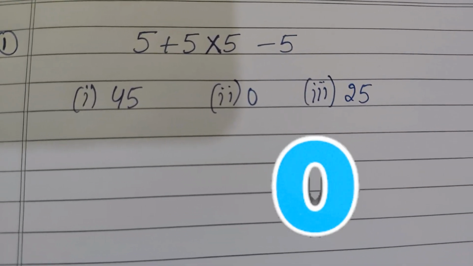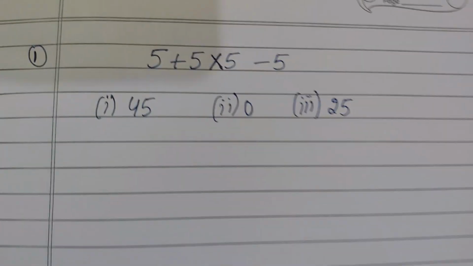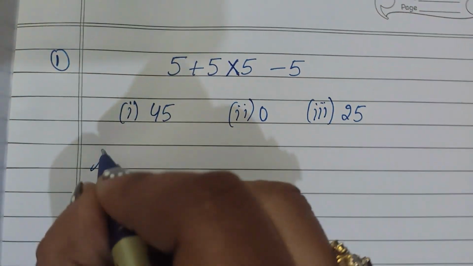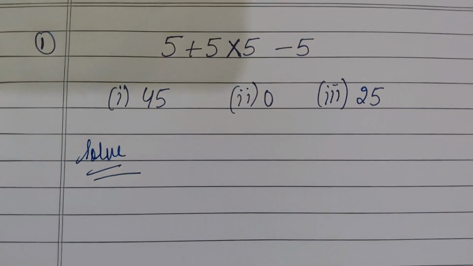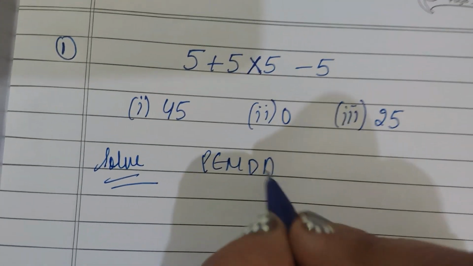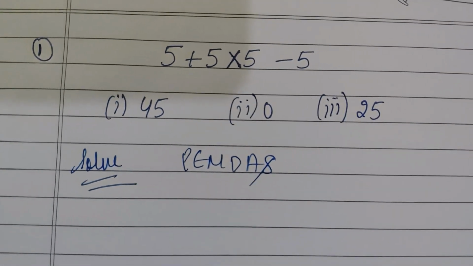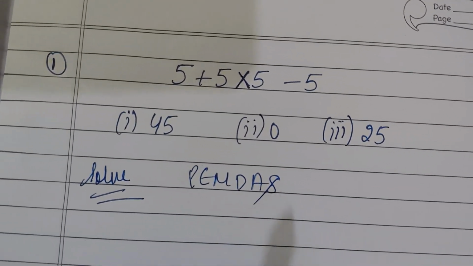So I hope you have all tried this question. So let's solve this question. For solving this question we will use PEMDAS. PEMDAS means parenthesis, exponent, multiplication, division, addition and subtraction.